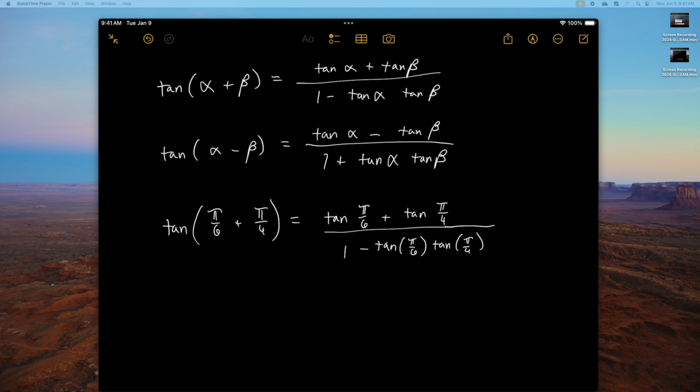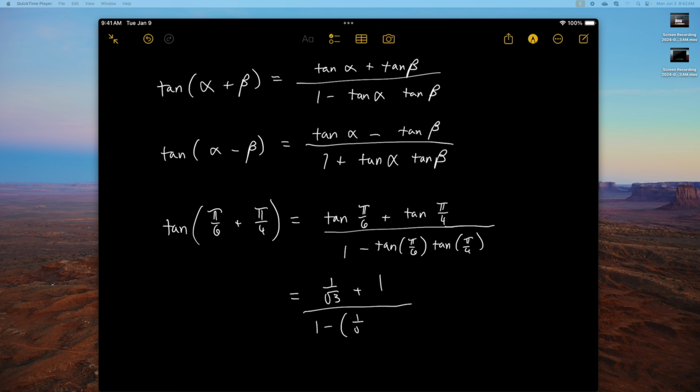Okay, if we look at our unit circle, tan of pi over 6 is 1 over the square root of 3. Tan of pi over 4 is 1. Then we have, sorry, I'm trying to scroll back and forth on my stuff here. We have 1 minus tan of pi over 6.